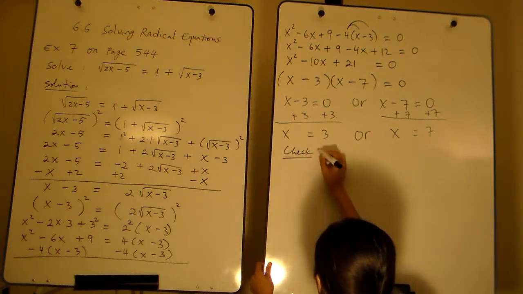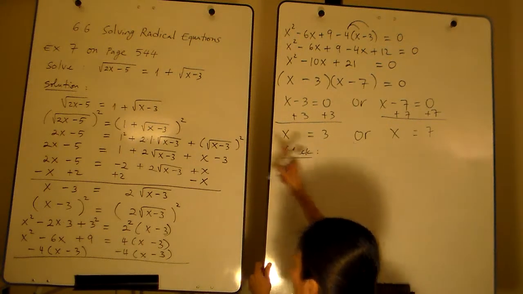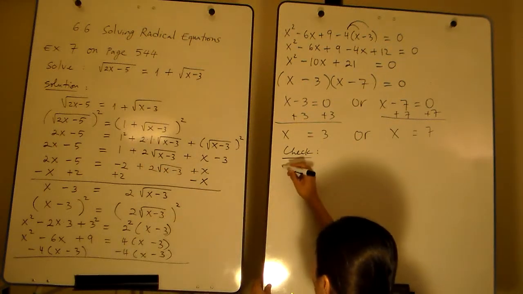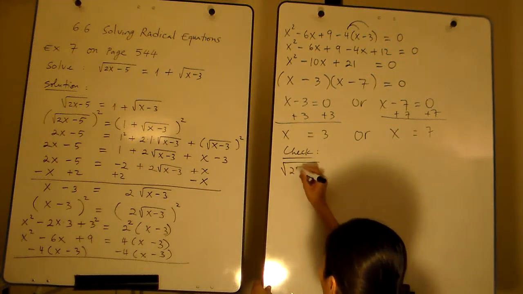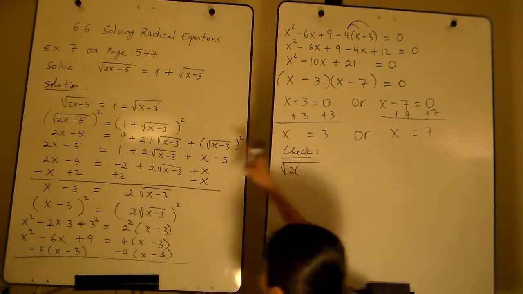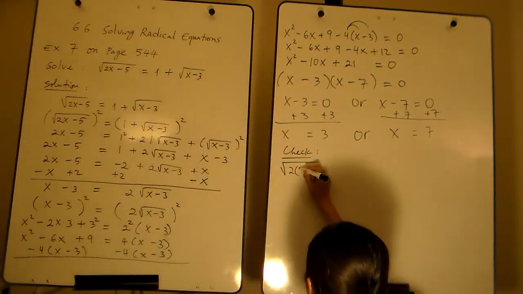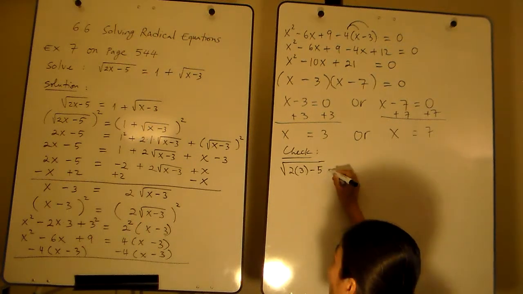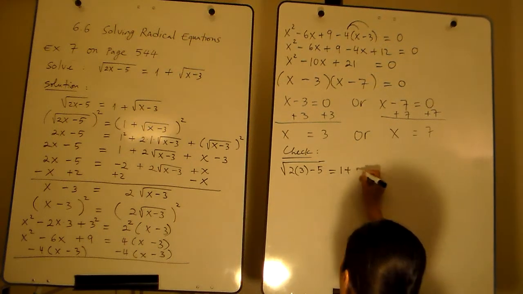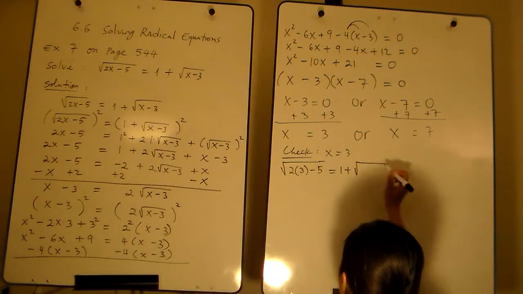Check, okay. Well, this one, I'm going to replace into this equation. So we have square root of 2 times x minus 5 equal to 1 plus square root of x minus 3. I'm checking for x equals 3, okay?